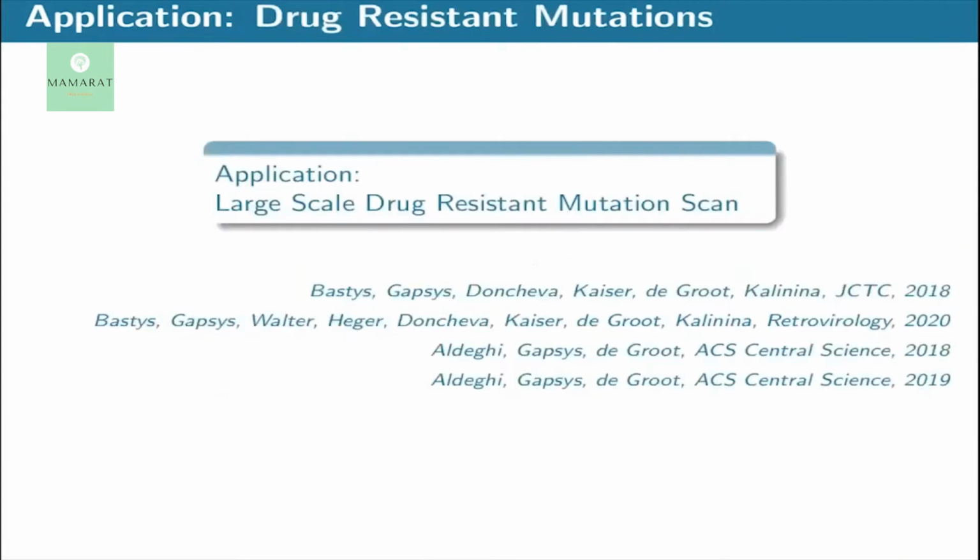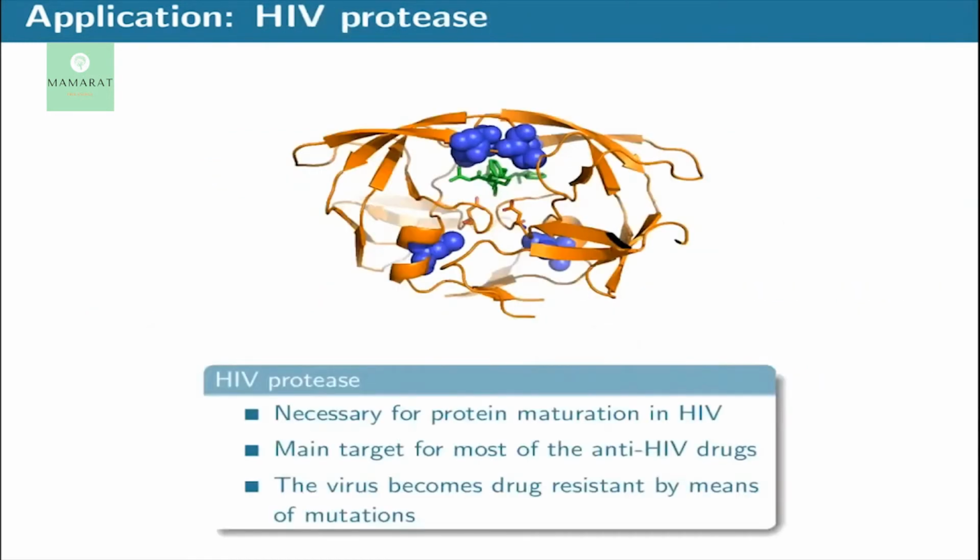We also can use these amino acid mutations to probe not only protein thermostability, but for example also look at drug resistance. So in a number of applications we have looked now at how much drug resistance would be induced by a protein mutation.